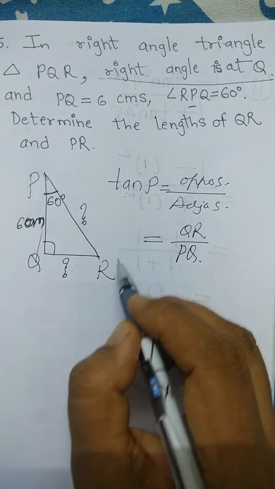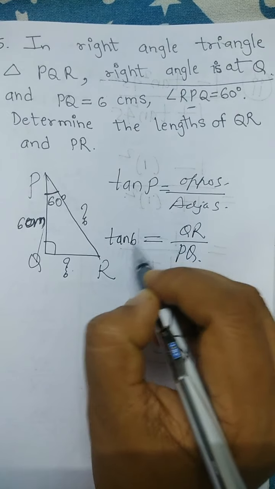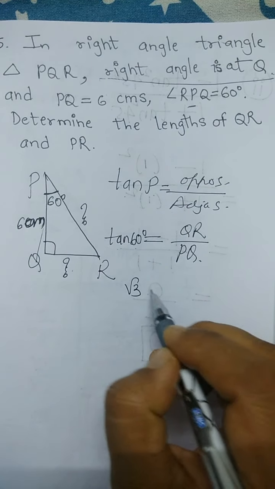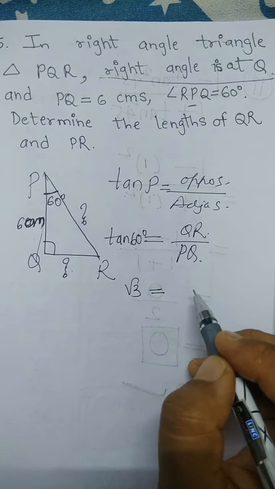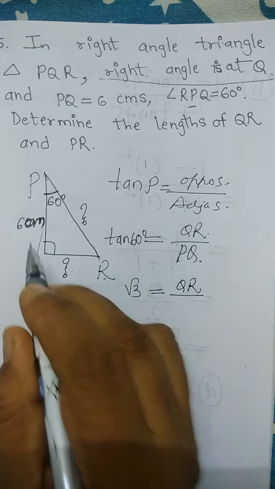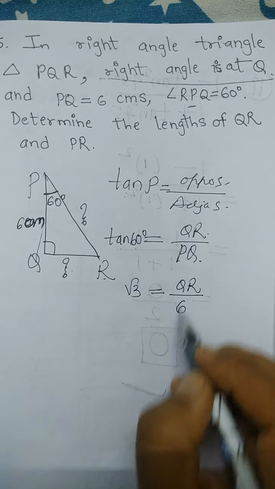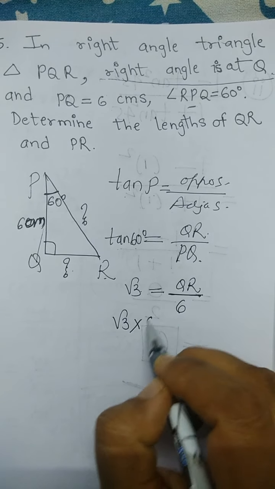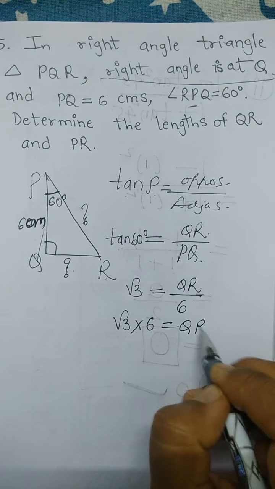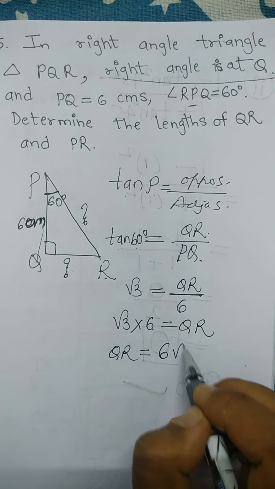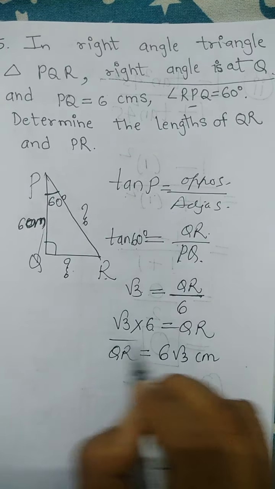Tan P means tan 60 degree, which is root 3, and QR is not given, so we write QR as it is. PQ is given as 6. It is division, so it will become multiplication. Root 3 into 6 equals QR. So QR will be equal to 6 root 3 centimeter.